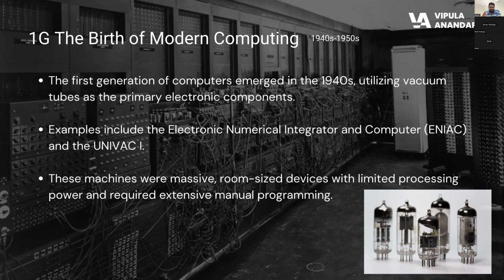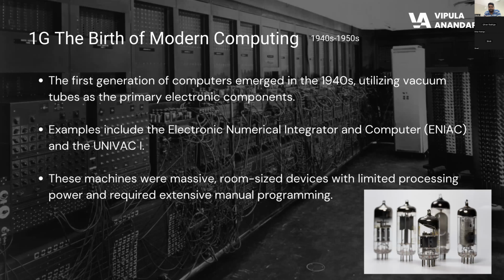Using these vacuum tubes as the primary electronic component, the first computer which was released was called ENIAC, known as the Electronic Numerical Integrator and Computer. This was a big machine which required at least about 10 to 15 people at a time to control it.